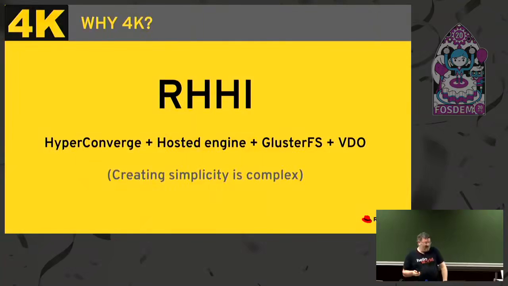Now, the main reason we need to support 4K is RHHI, which is Red Hat Hyperconverged Infrastructure. What it means is a hyperconverged solution: hosted engine, GlusterFS, and VDO together. And why do we want this setup?